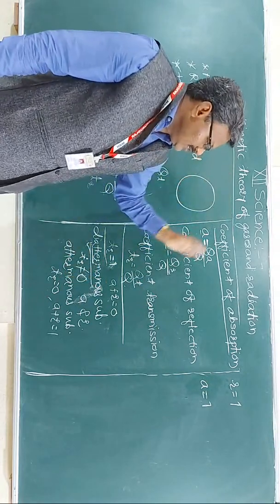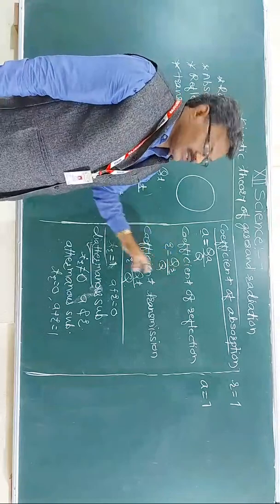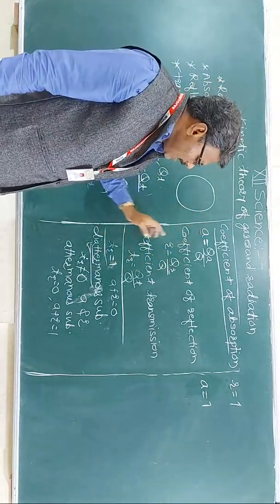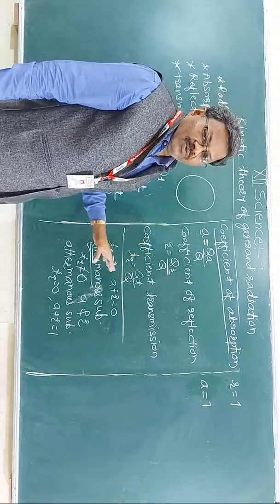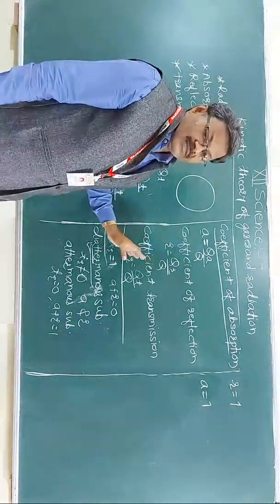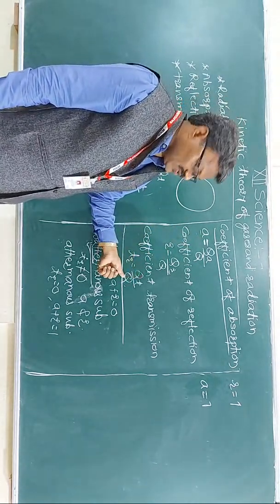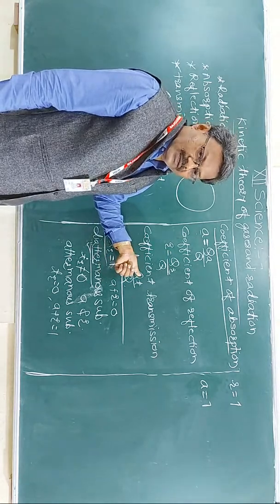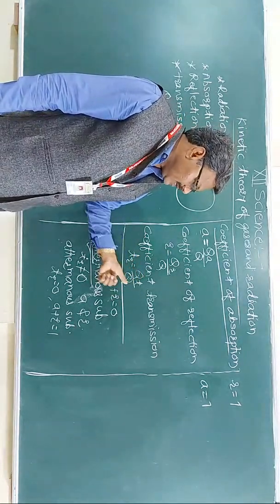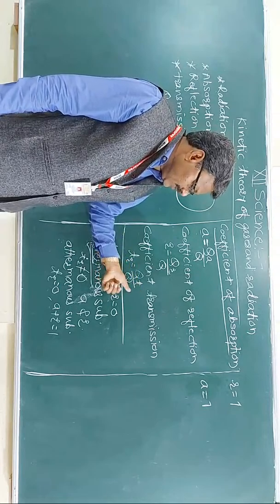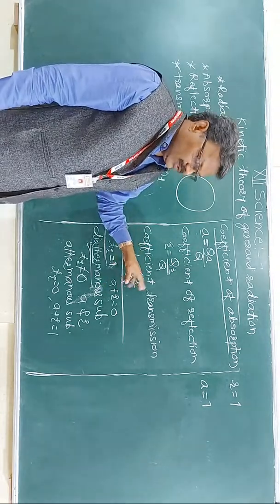Now, all these quantities, A, R, and TR, are ratios of thermal energy. Therefore, all these are dimensionless quantities, because these are ratios of the same quantity: heat upon heat. The unit of heat is the same, so we can cancel the units.